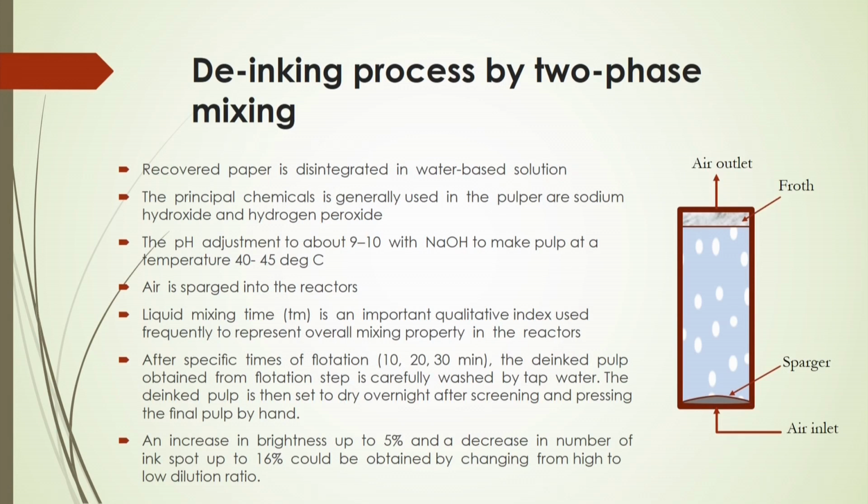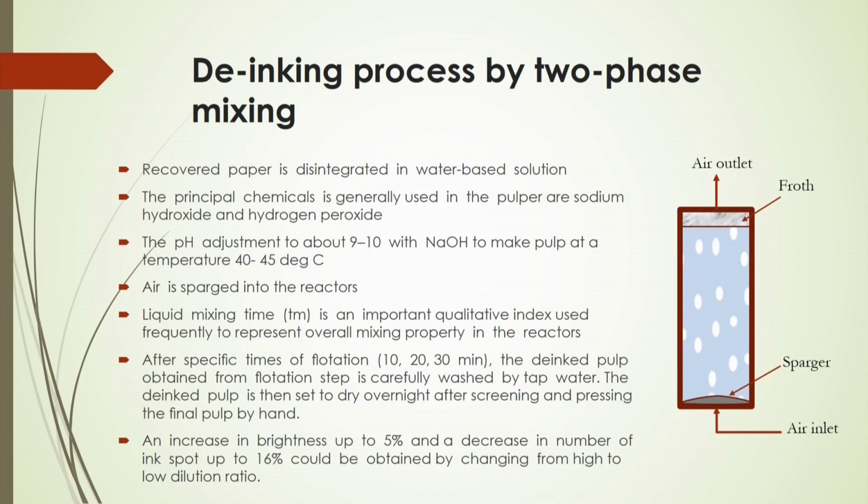In this case the pH is adjusted to about 9 to 10 with sodium hydroxide to make the pulp at a temperature of 40 to 45 degrees centigrade, and the mixing happens just by bubbling air. So, air is just passed into the reactors, and in that case liquid mixing time is one important factor for an efficient process. How do we calculate that mixing time?